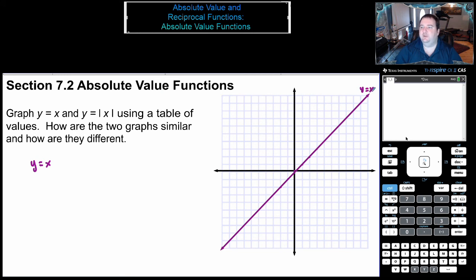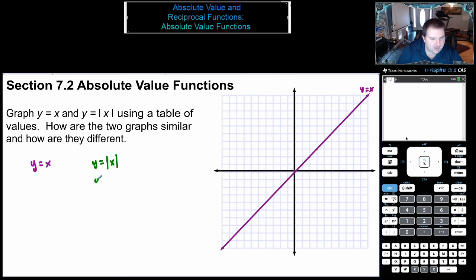Now what happens when we graph y is the absolute value of x? The interesting thing is that when you have the function y equals absolute value of x, all of these x values become positive, right? So let's say x was -2. What would y be? On your normal graph, that would be -2.